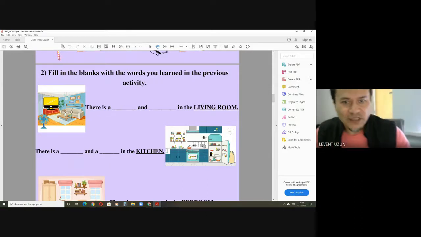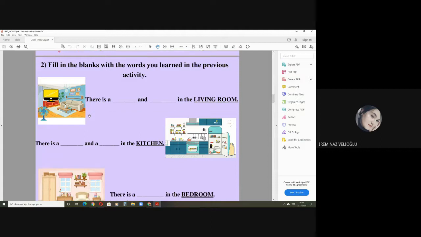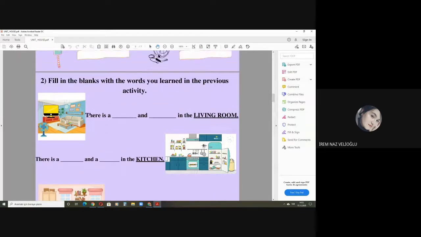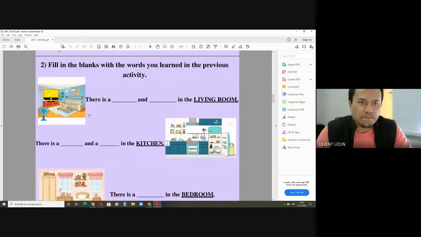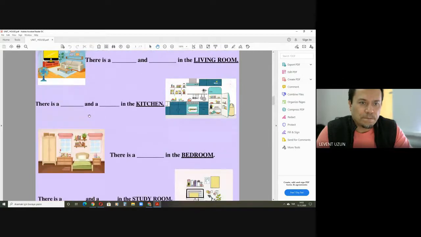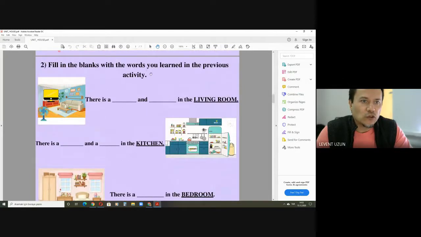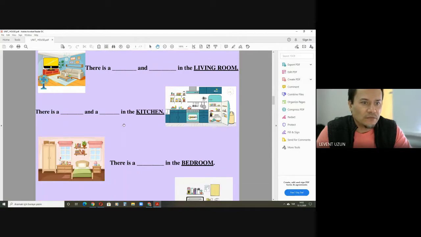If they see something here that I don't know that they know, are there any other words that they can write? But I added the instruction you learned in the previous activity. Well, I would shorten this instruction. I would say write the words in the sentences, or only write the words. And then which words? The words will be very clear if I circle these, and then they would write them.